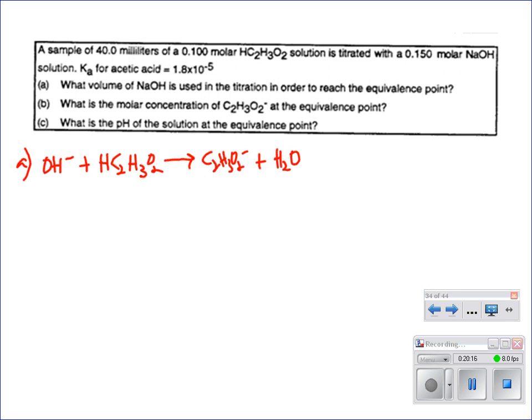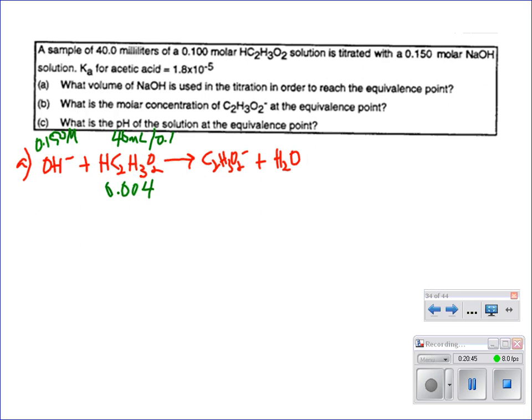The sample, let's just write down what we know about this. We know that we have 40 mL of a 0.1 molar of this, and we know that this is 0.150 molar. So A is asking, what volume do we need to reach the equivalence point? Well, what's the first thing I know from looking at the given information? Moles of acetic acid. So 0.1 times 0.04 is 0.004 moles.